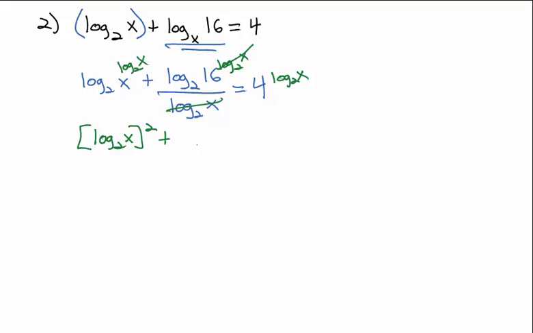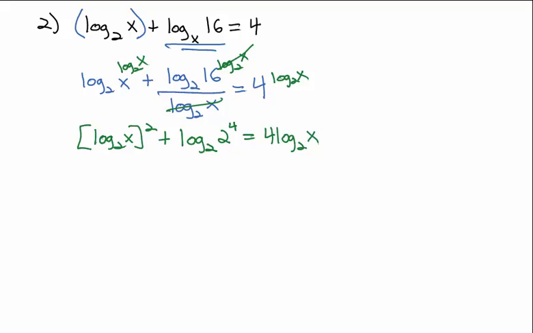Plus log base 2 of 16. Well, gee, let's actually play with 16. Let's factor it. 16 is 2 to the 4th power, which means this is going to simplify to 4 in a minute. That's going to be nice. Equals 4 log base 2 of x.